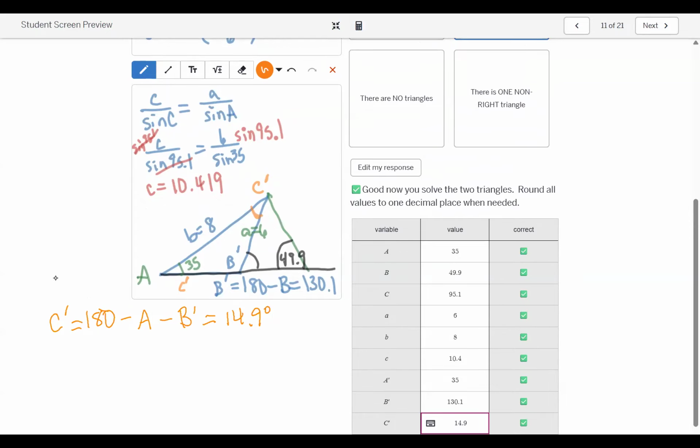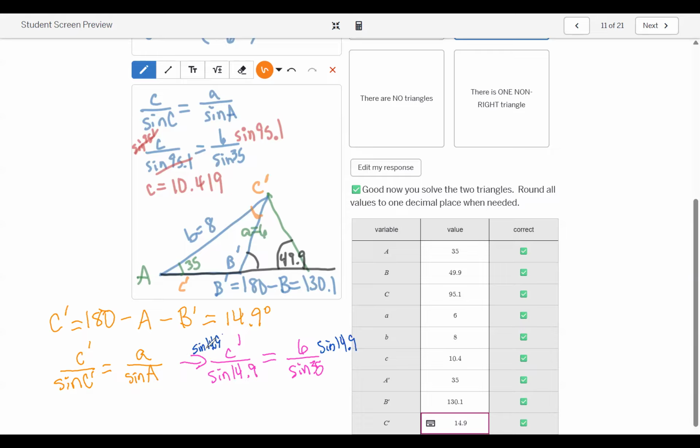Now, our last step is to figure out side C prime. So I'm going to have C prime over the sine of C prime equals, and I always go back to my A's, so little a over the sine of angle A. And now we multiply by that sine of 14.9.